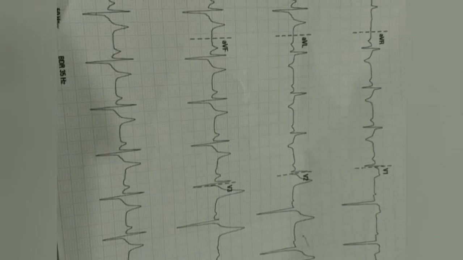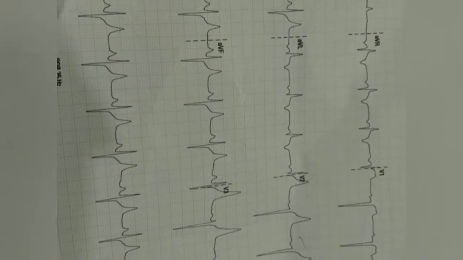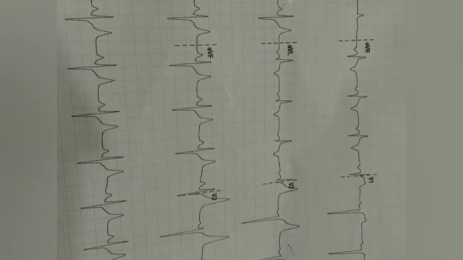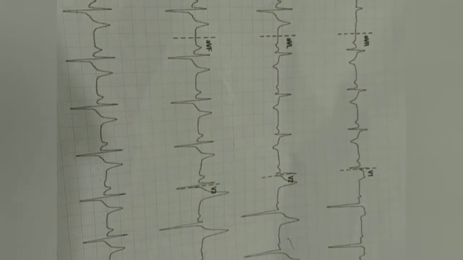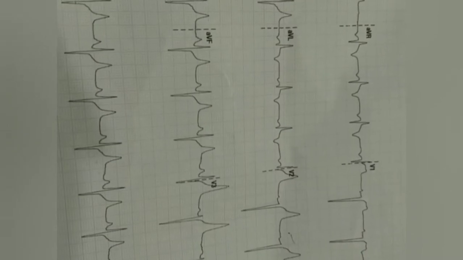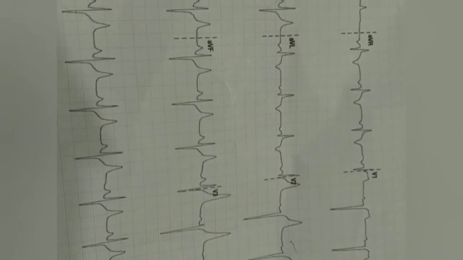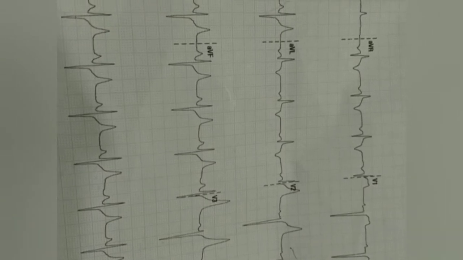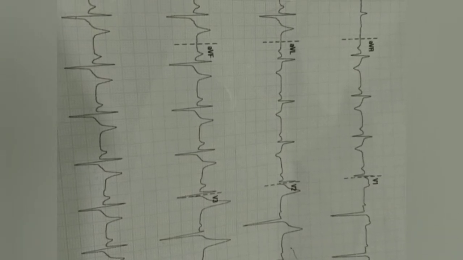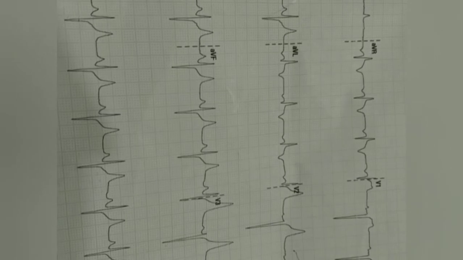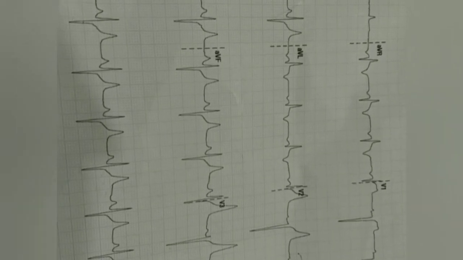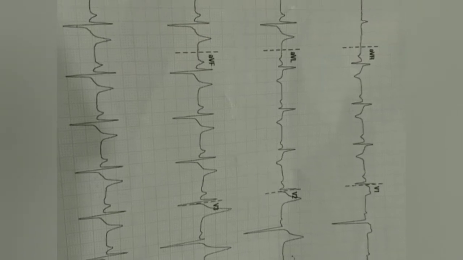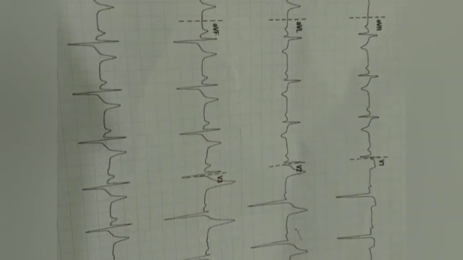So here too you see some changes in the lead 2, 3 and AVF, and some changes in the lead V1, V2 and V3. So there is ST depression in lead 2, 3 and AVF. ST segment is depressed. It is going 1 millimeter or more in depth, lower than the isoelectric line.